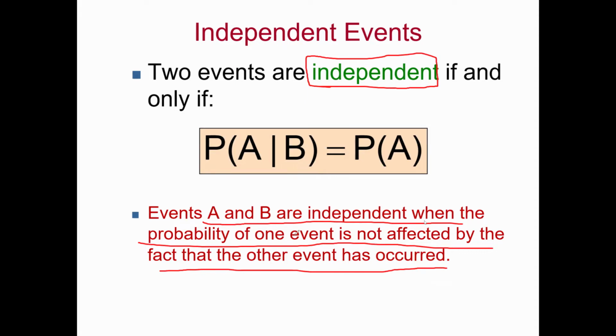For example, when you toss a coin, the probability of getting a head or tail is 0.5. When you take another coin and toss it, the probability of the first result is not affected for the second trial. So we can say that the 2 events are independent.